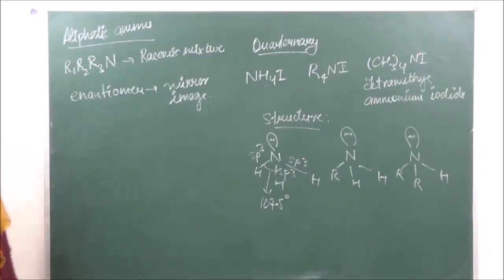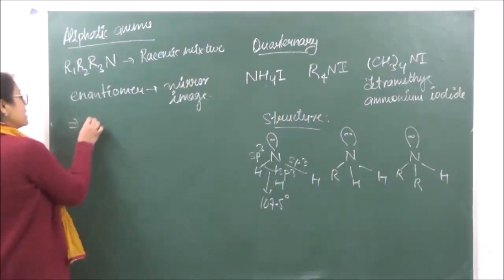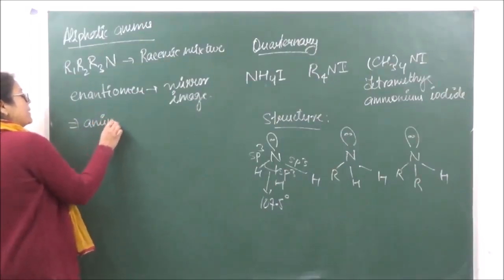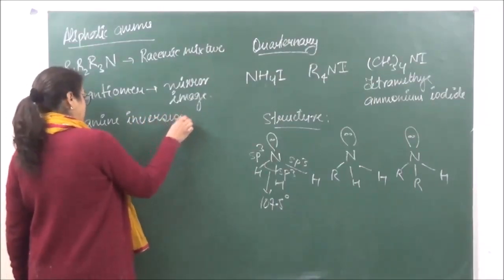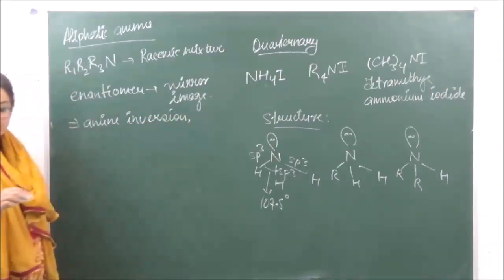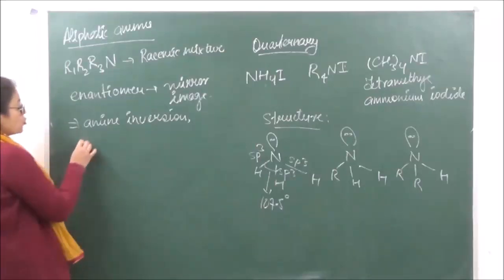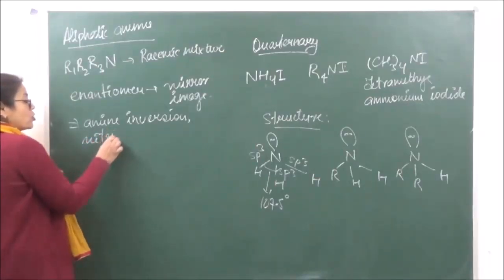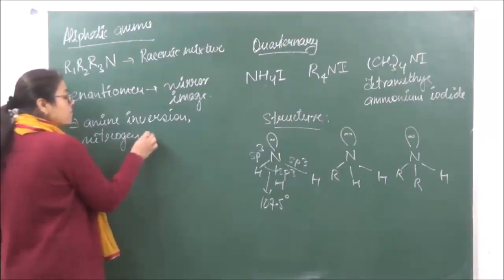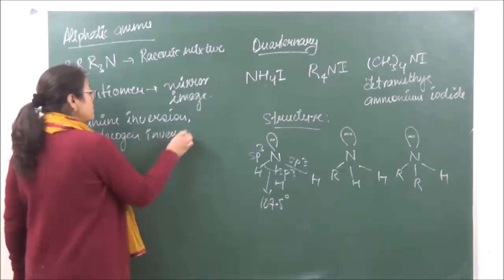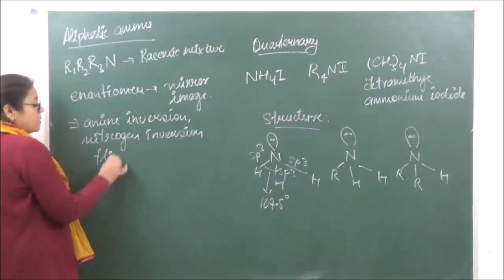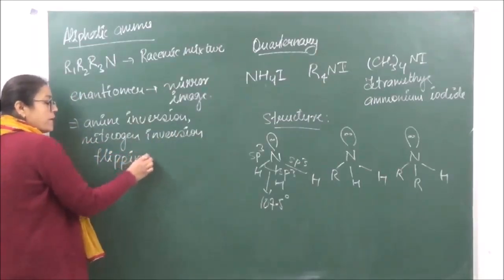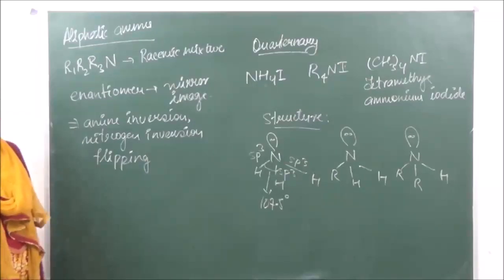this is known as what? This is known as amine inversion. Okay? This is also known as nitrogen inversion, or this is given another term in certain books, which is known as flipping. Okay?